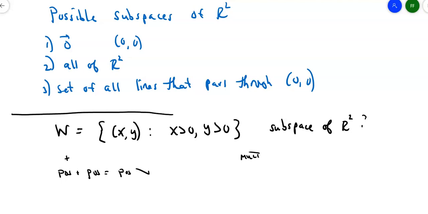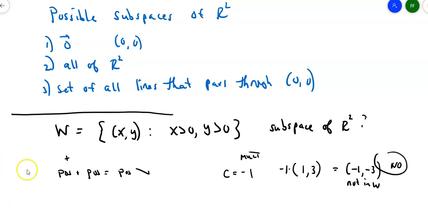So that's okay. What's the issue with scalar multiplication? Well, suppose my scalar is -1. I pick some (x, y) that's in that set, and I multiply it by -1. Now I come up with the vector (-1, -3). This is not in W. W only contains values that are positive for both the x's and the y's. So is it a subspace of R2? No, it is not a subspace of R2.